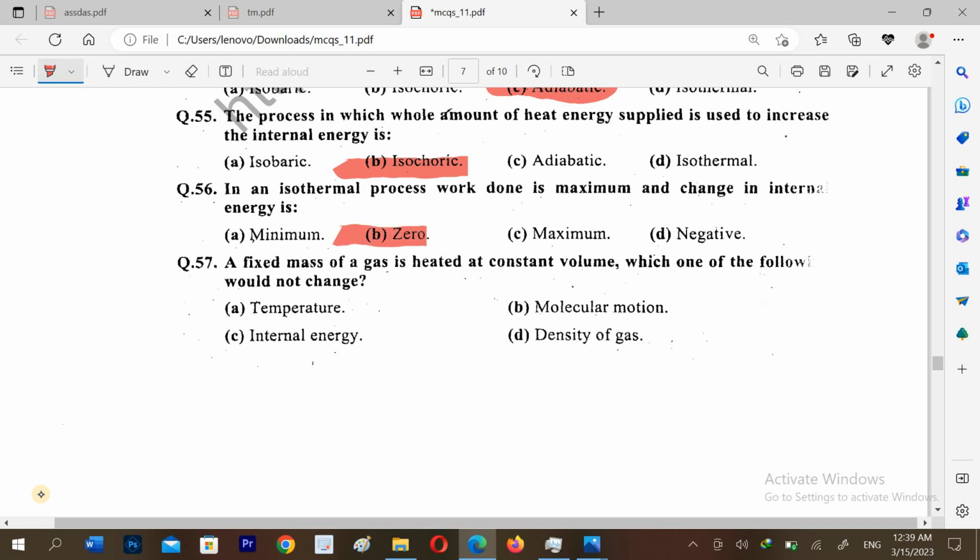A fixed mass of gas is heated at constant volume. Which one of the following would not change?